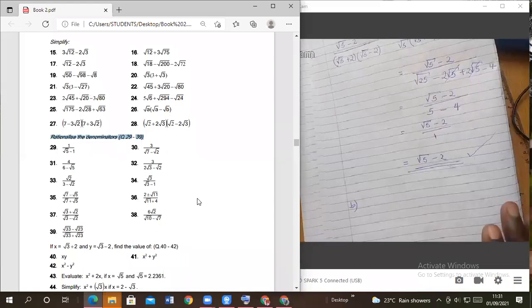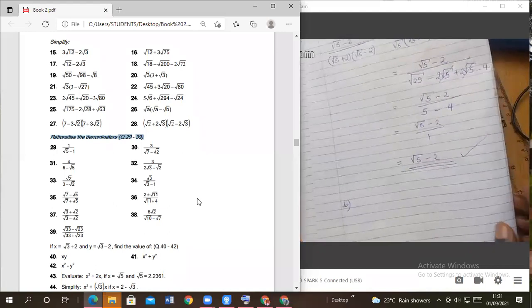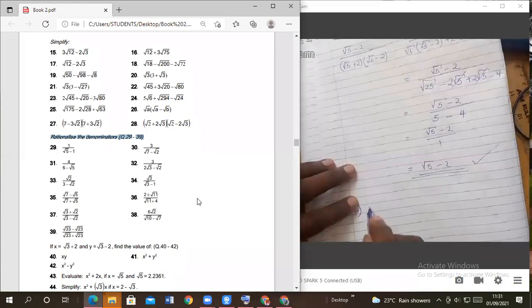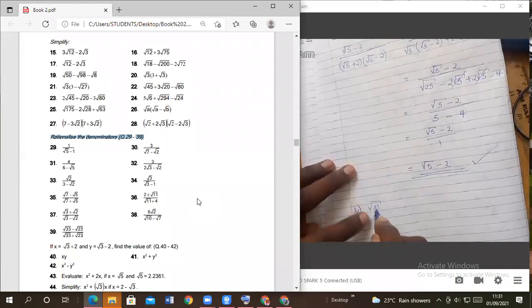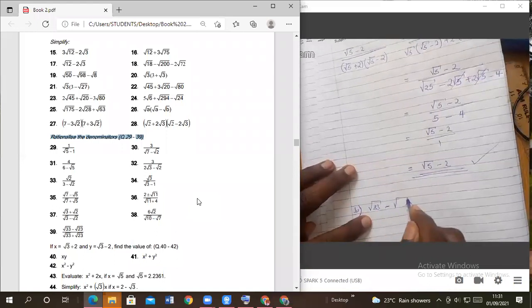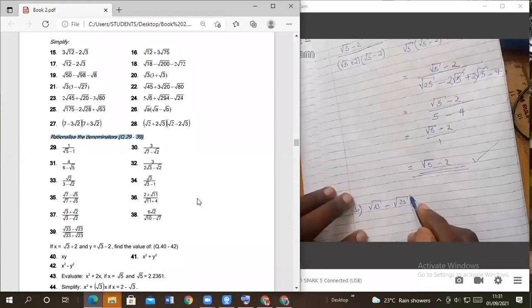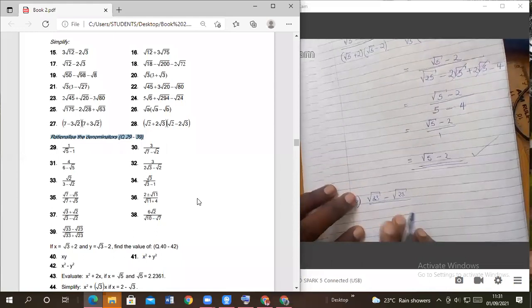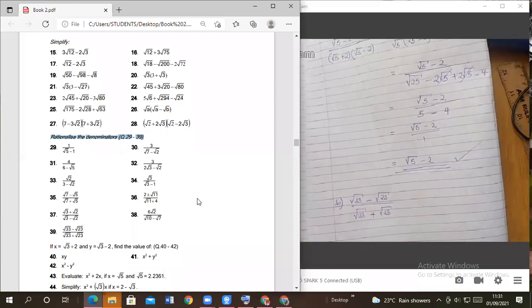39, eh? 36. Okay. So we have root of 33 minus root of 23 over root of 33 plus root of 23.